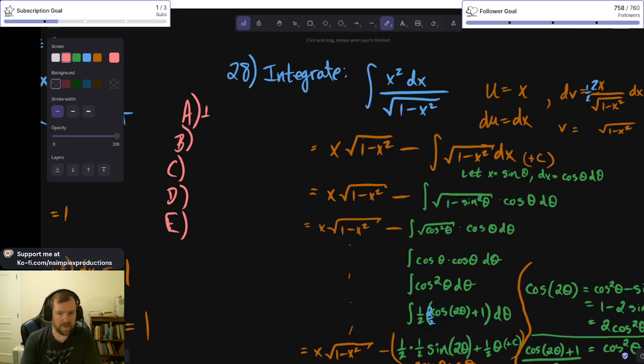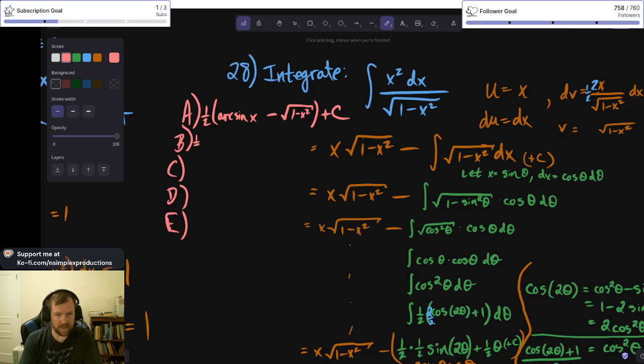A is 1/2 times the arcsine of x minus the square root of 1 minus x squared plus c.